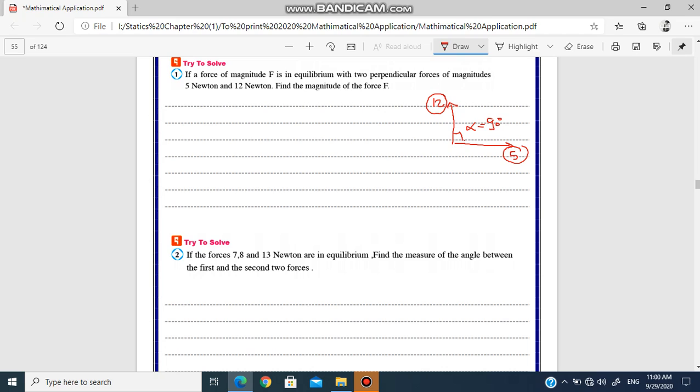So the force F equals the resultant of the two forces, equals the square root of 5 power 2 plus 12 power 2, equals 13 Newton.